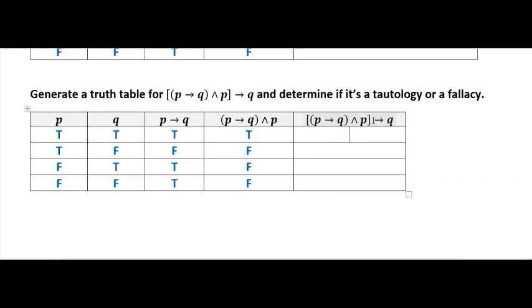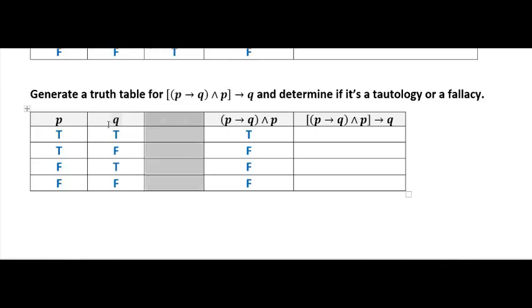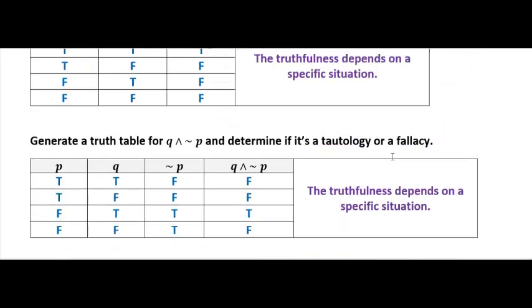Okay, we're going to analyze this whole thing, which is the conjunction that we had before, this column, and we're going to analyze it with Q. So we're going to work with those. I'm not going to work with this one, neither P. I'm just going to focus on these two because these are the parts of the exercise. Okay, and I have a conditional, so I need to understand the rule of the conditional.